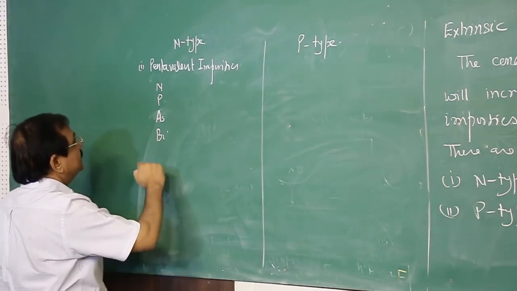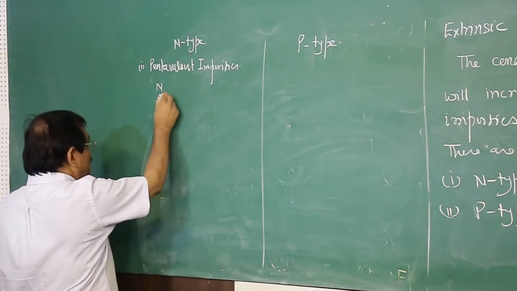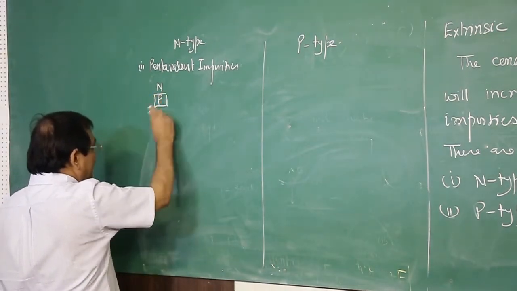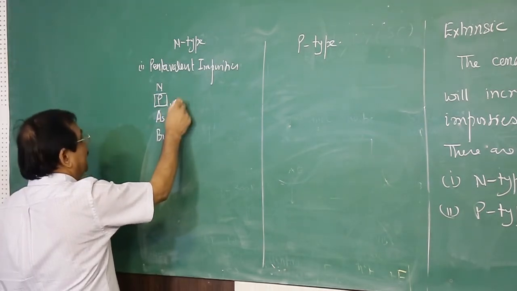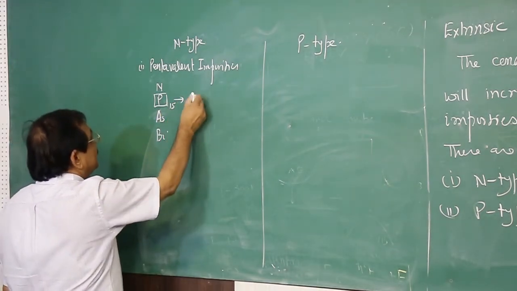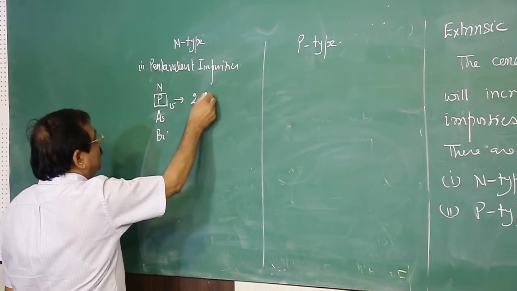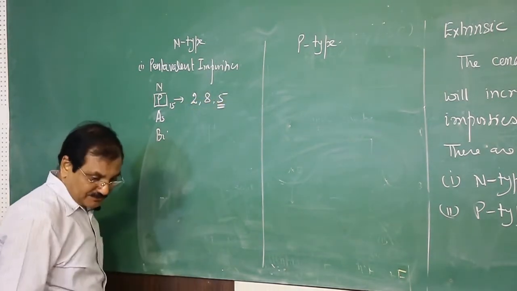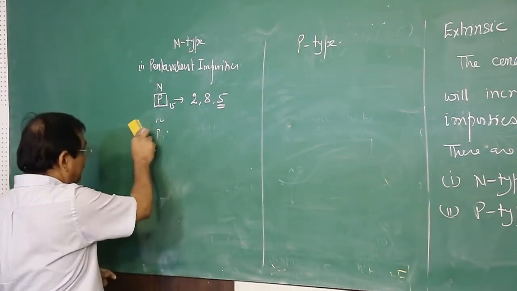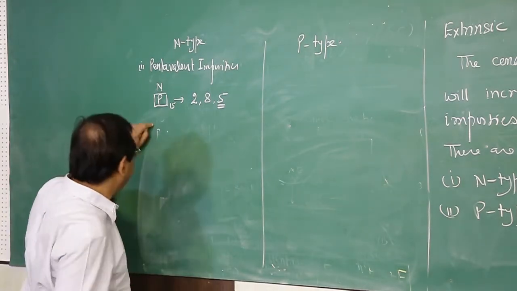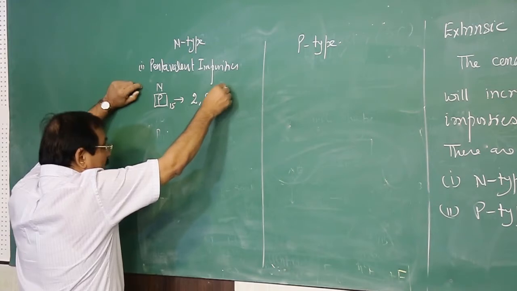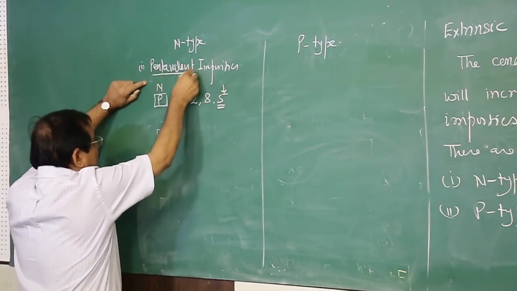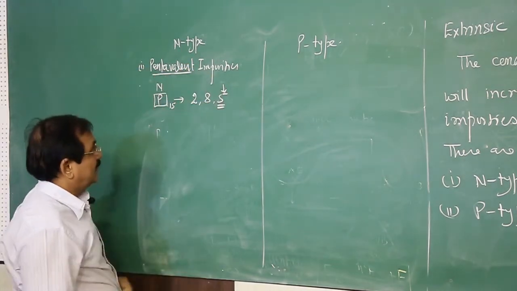The most common use of this is phosphorus, which has atomic number 15, and 2, 8 and 5 is the atomic configuration. So, if we consider this pentavalent, why is it called pentavalent? Because the outermost electrons are 5.